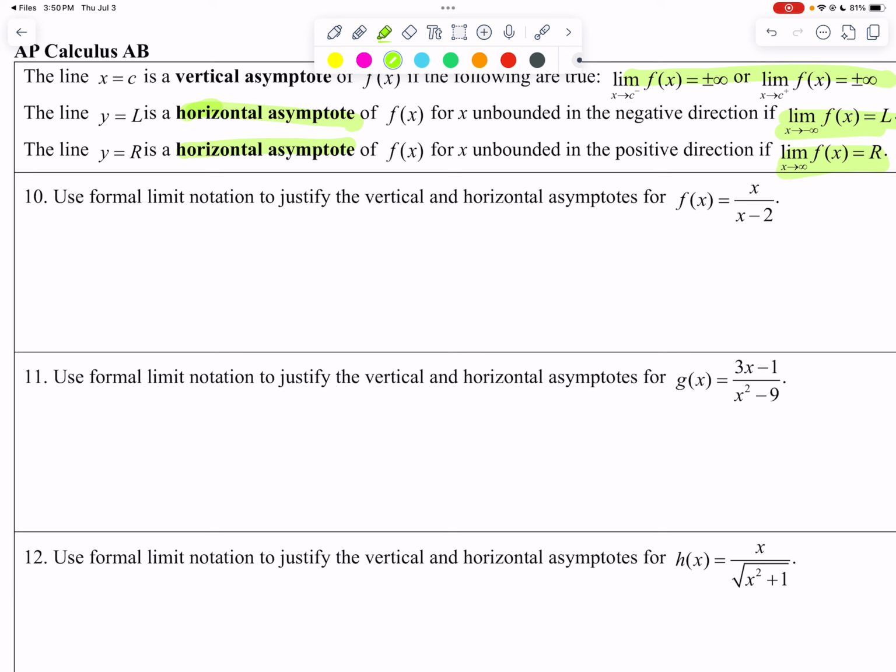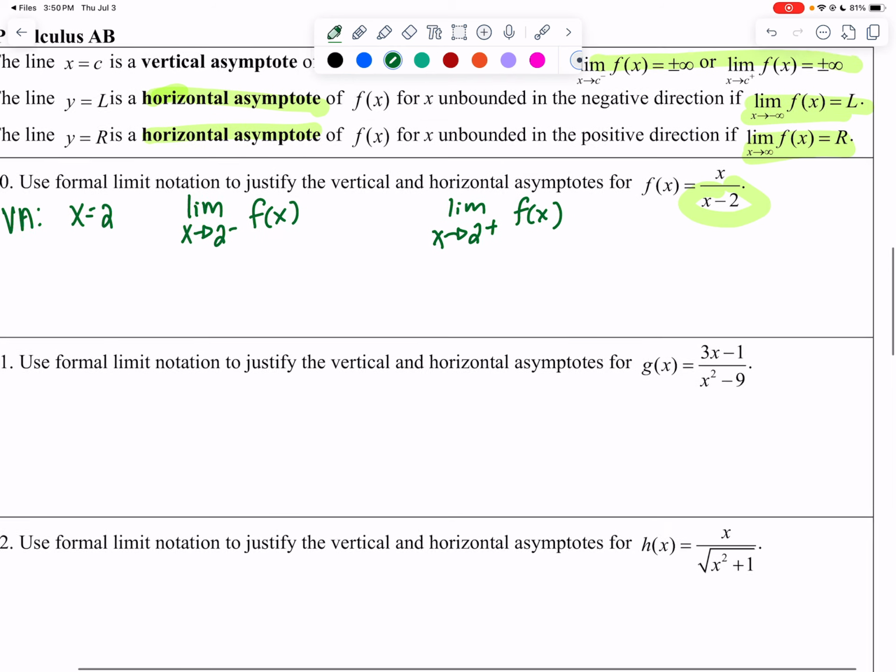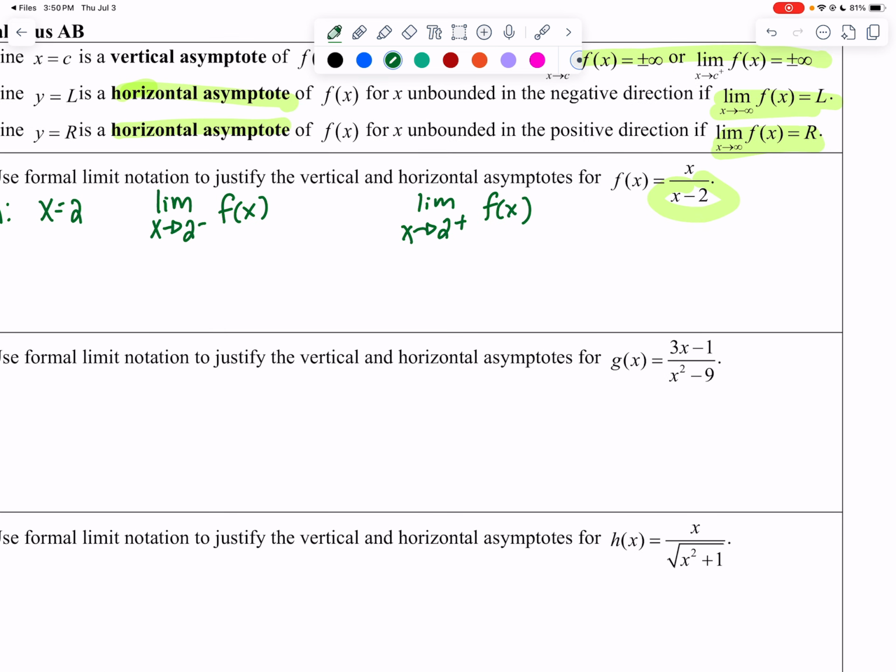All right, so looking at number 10, you'll notice that we have a vertical asymptote at x is equal to 2. Great. But then what we are going to do here is justify what's happening at 2 from the left and then 2 from the right. So looking at this, we could say 1.999.